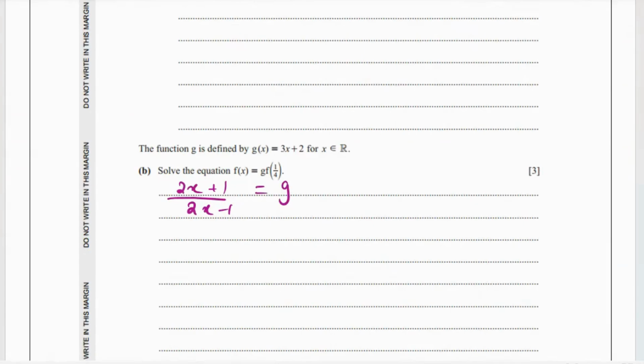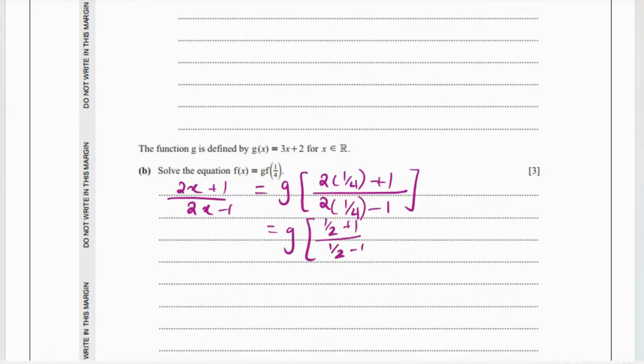So g of 2 times 1 over 4 plus 1 over 2 times 1 over 4 minus 1. So that's going to be 1 over 2 plus 1 over 1 over 2 minus 1, which is going to give us 2x plus 1 over 2x minus 1.